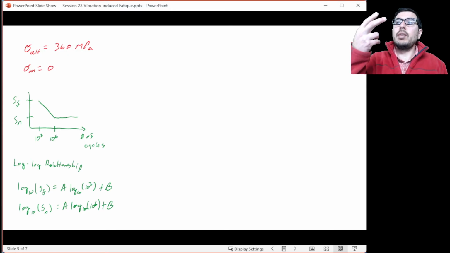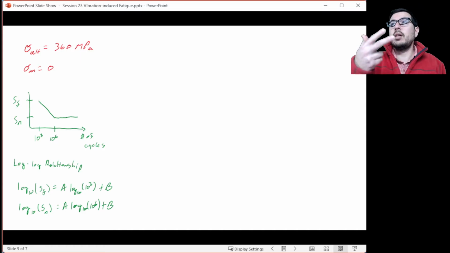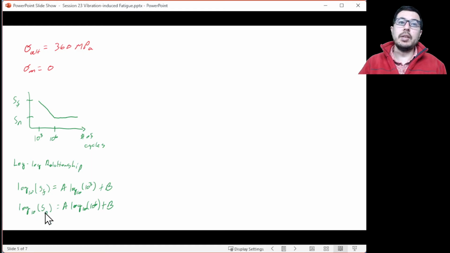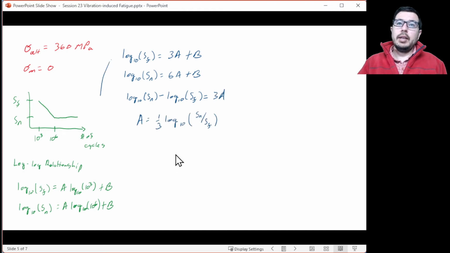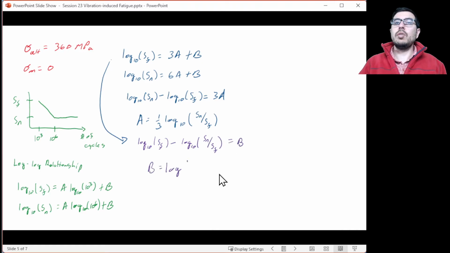And so if I have 2 points on a line, I can solve for the a and the b, and I do have 2 points. I know where SF is, I know where SN is. So you do this algebra out, and you can figure out what a and b are, like so. And so now we can define this line.